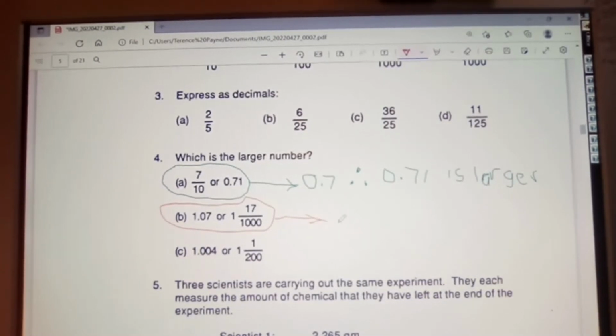So that will come out to 1.07, which is larger. Okay, so therefore that's going to come to 1.07.